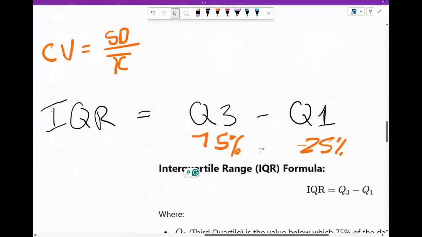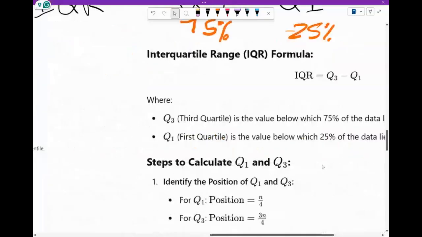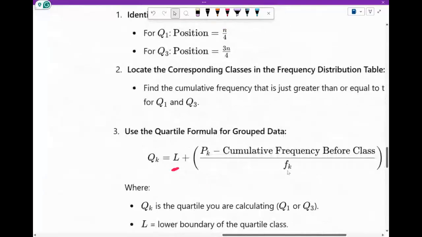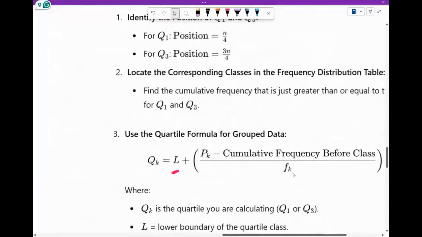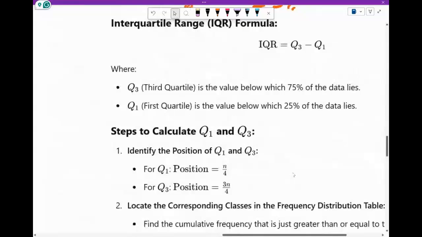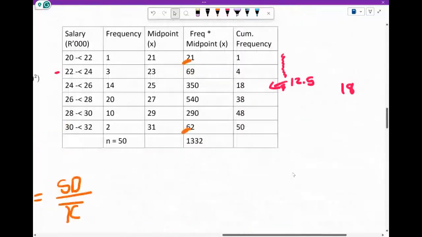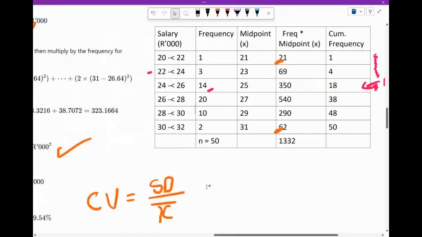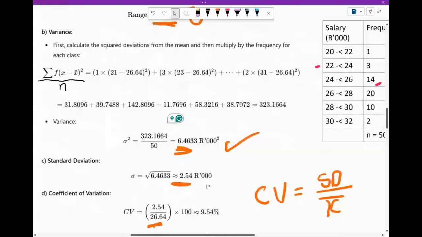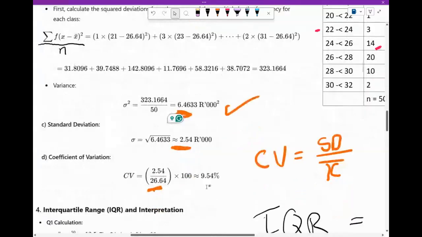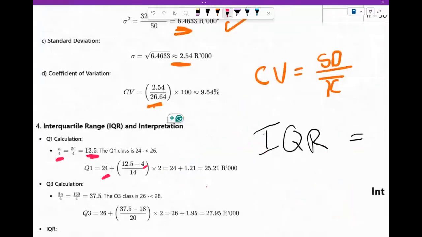And we said divided by what? What did the formula say? I also don't recall now. Divided by the frequency of k. In other words, the frequency of the first quartile class, which we see is this one here, 14, okay? And the position of Q1 that we calculated was 12.5. There's your 12.5.